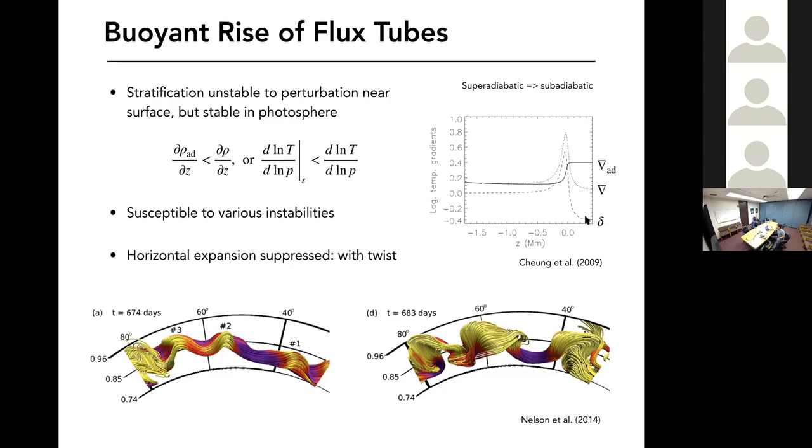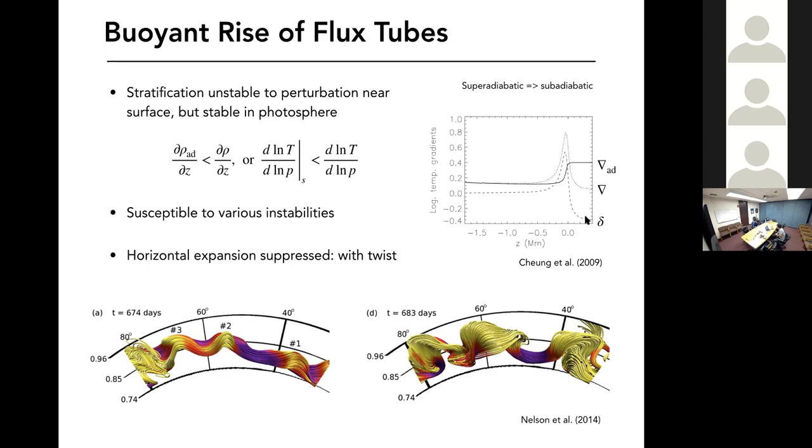That is an interesting concept that you should have in mind. The other thing is that during the emergence process, these flux tubes will be susceptible to various instabilities. There is a detailed description of various types in that review paper I would refer you to.